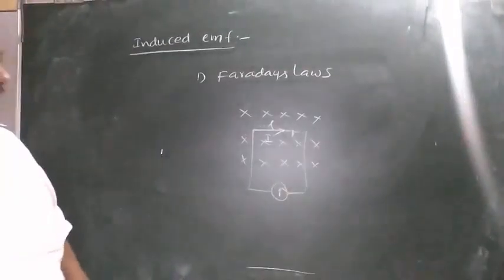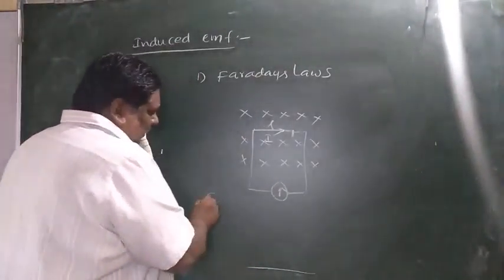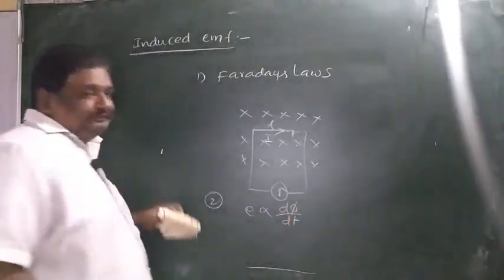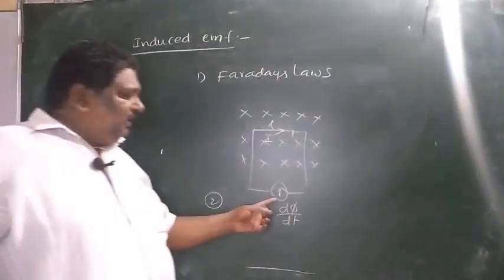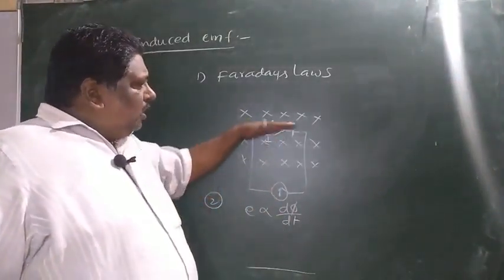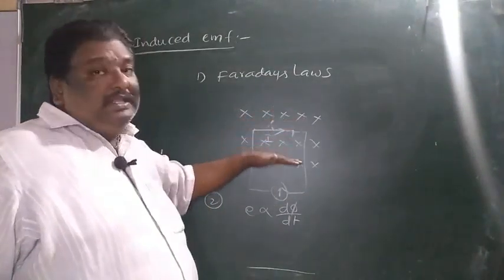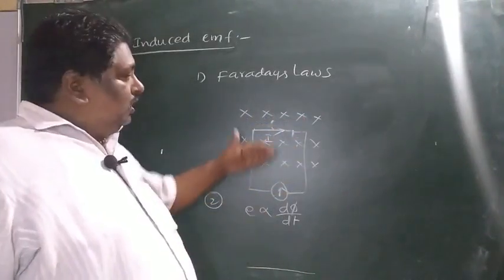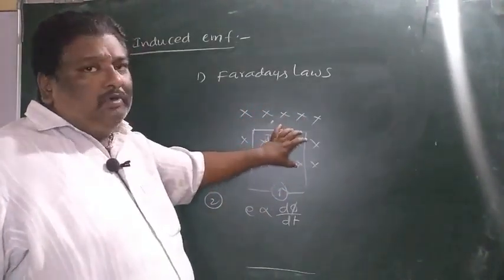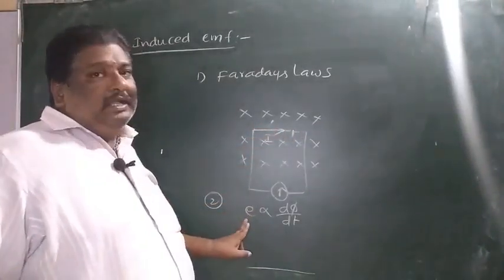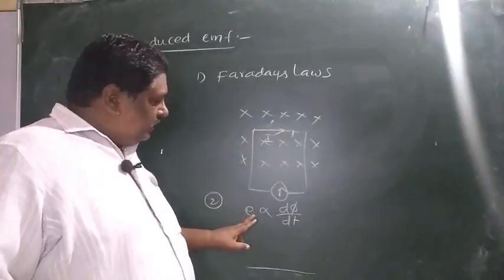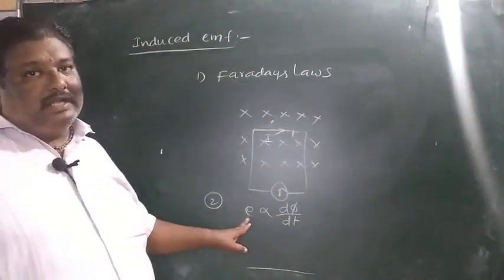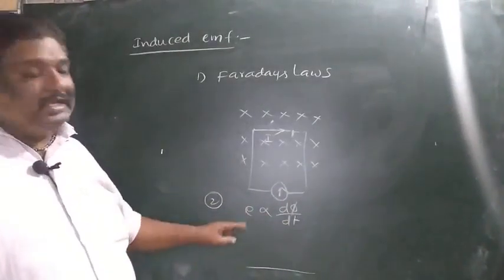Next, the second law. Here the second law says E is proportional to d phi by dt, meaning how quickly the flux changes. The more magnetic flux is cut in a short interval of time, the more voltage is induced. The faster you drive it, the more flux is cut, so more voltage is generated. So the rate of change of flux is directly proportional to the EMF produced.